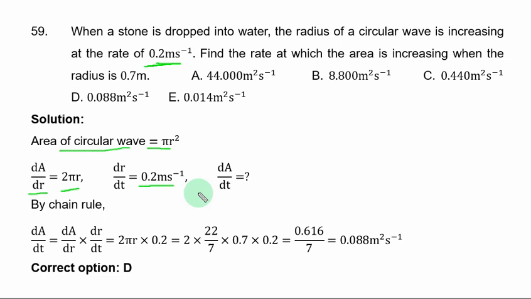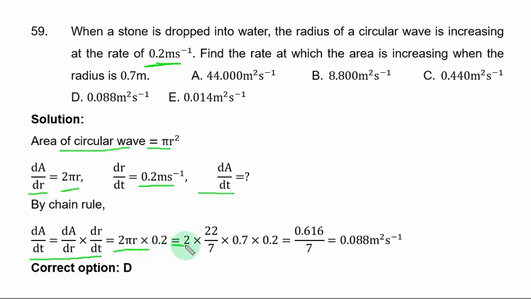That is dA dt, with respect to time. The three parameters are connected by chain rule in this form. So dA dt is equal to dA dr, 2 pi r, times dr dt, 0.2.